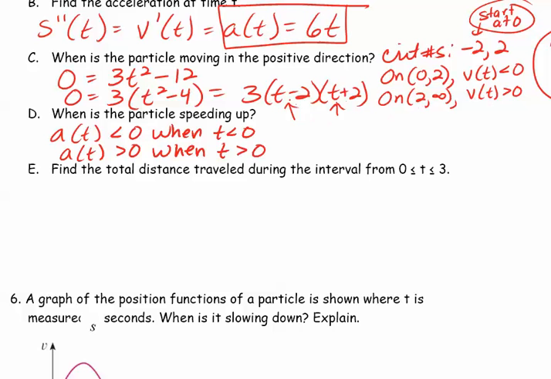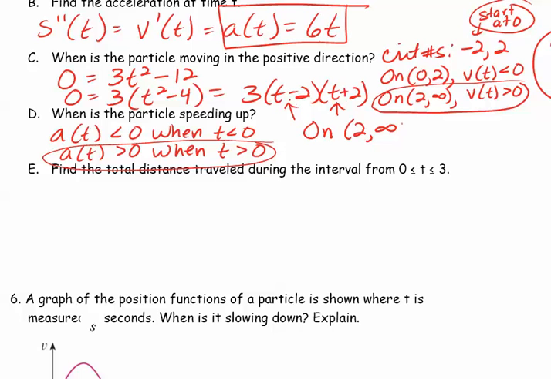So when is it speeding up? Our velocity was positive after 2, and our acceleration is always positive. So they are in the same direction or same sign after 2 seconds.